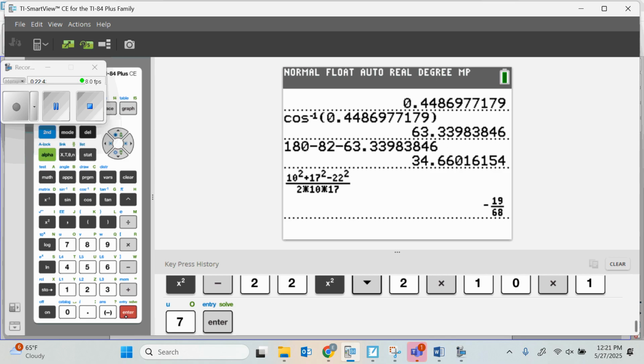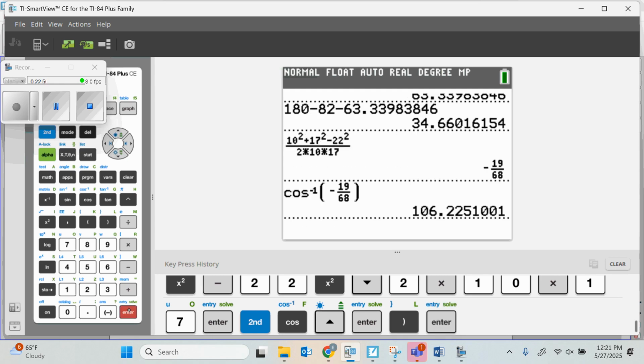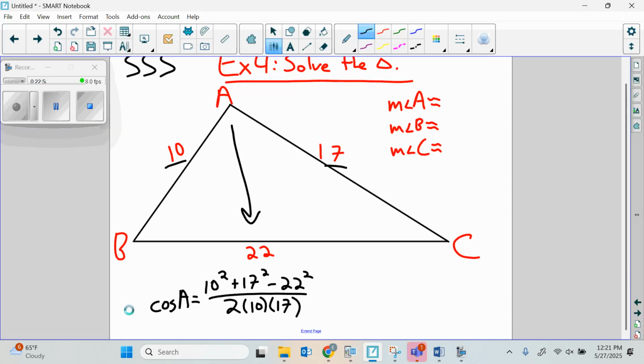And again, I'm going to get that weird answer, but what I'm going to do to that weird answer is do the inverse cosine of it. And it looks like this is another obtuse angle. So angle A is 106.225 degrees. Measure of angle A is 106.225 degrees.